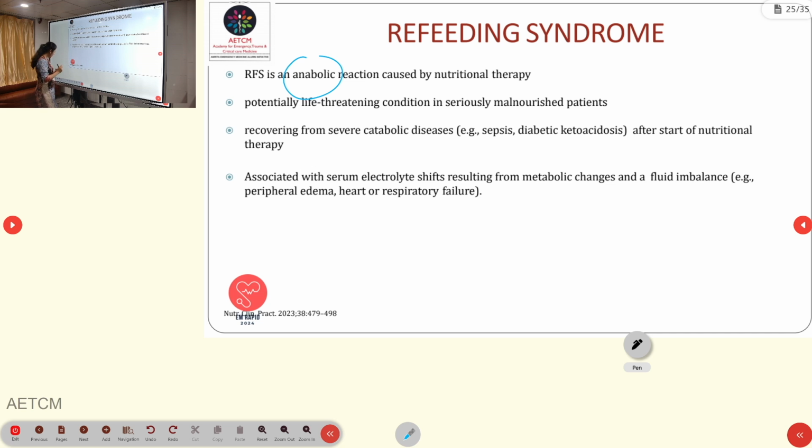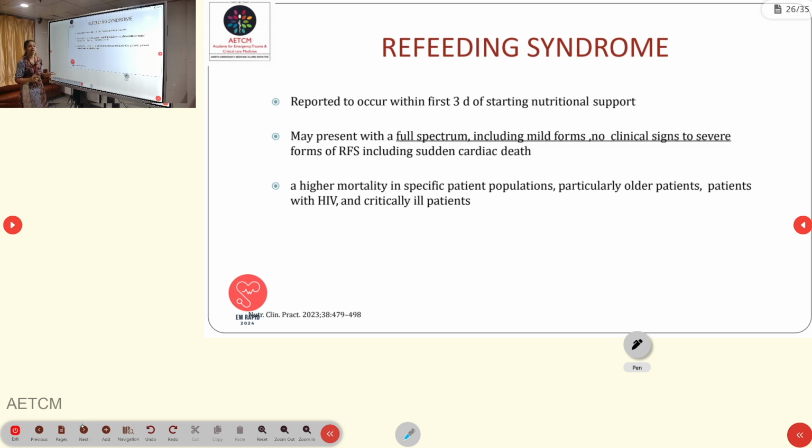So there will be a shift of electrolytes from the extracellular area to the intracellular area. There will be a reduction in electrolytes like phosphorus, potassium and magnesium; everything will come down. So the patient will have serious complications like arrhythmia.